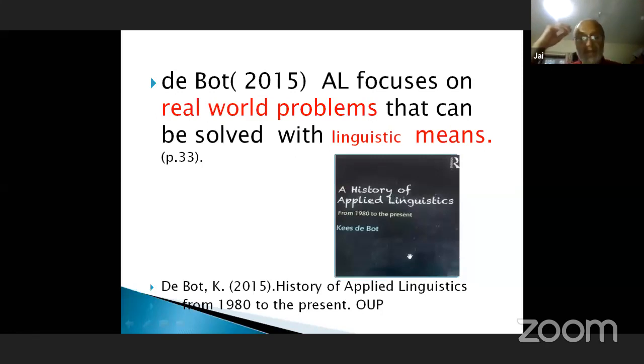Press. Now, this is a research-based book, and you will be surprised because Debord interviewed about 40 international, very dynamic, top applied linguists, including Diane Larsen-Freeman and others.